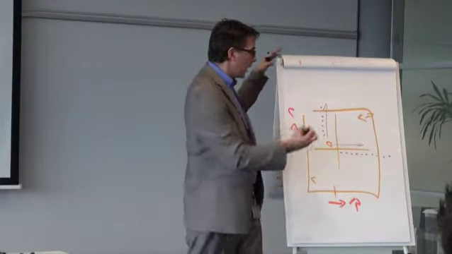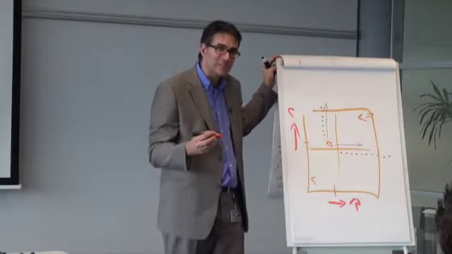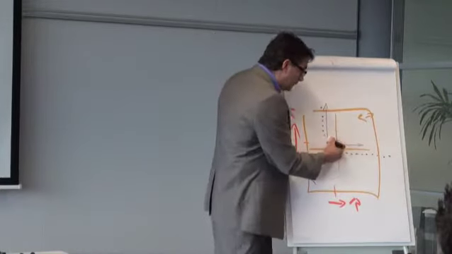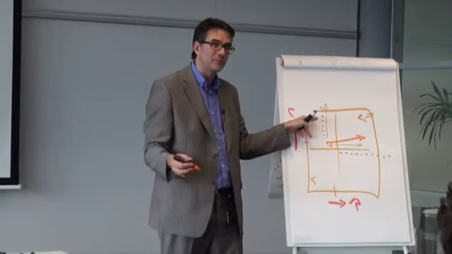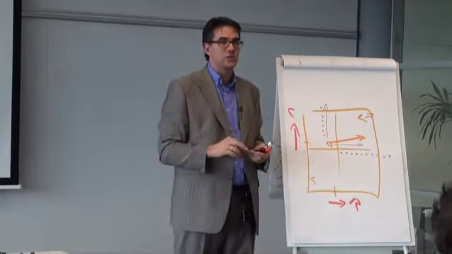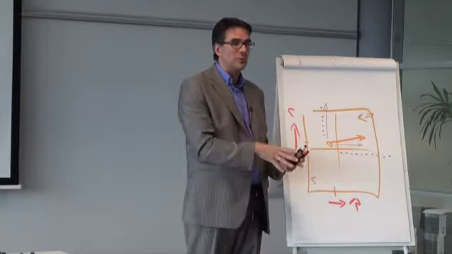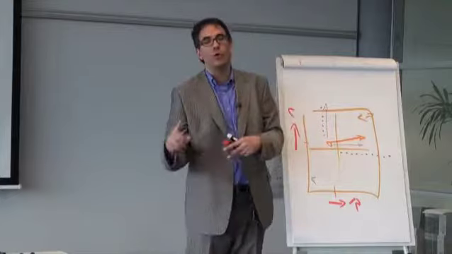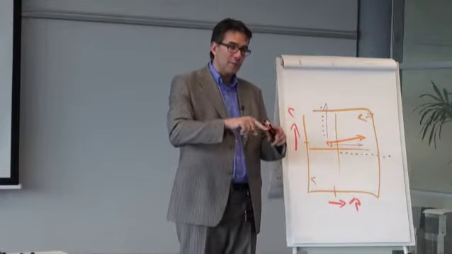Now, obviously, they will have a strategy that does both of these things, but the emphasis will be on one rather than the other. Most organizations have an emphasis on one or the other. Cost is more important to them than revenue, or vice versa. Most organizations go through periods.